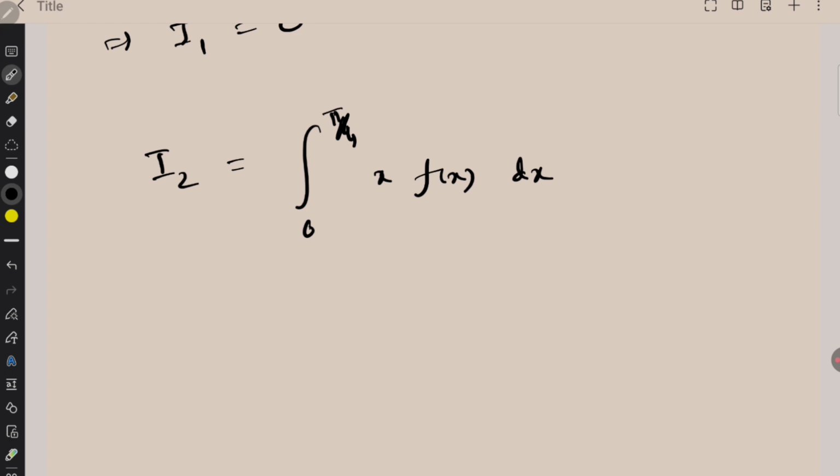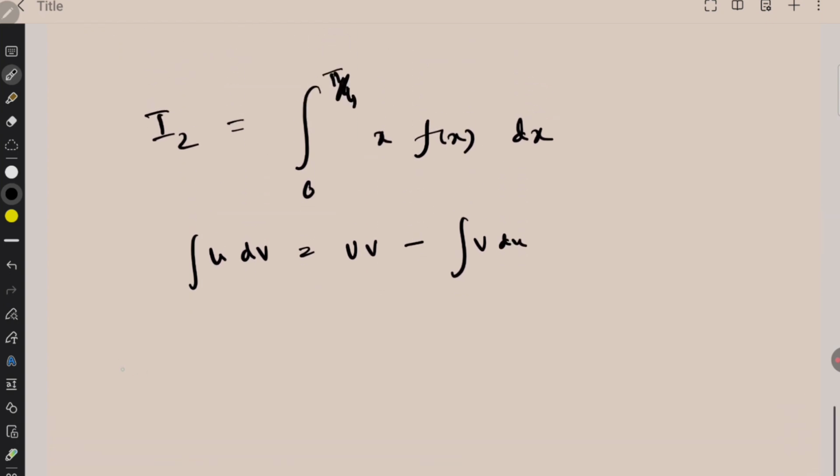Now, for this one, I am going to do integration by parts. Integral u dv is uv minus integral v du. Now, if I take u equals x and dv equals f(x) dx, right?